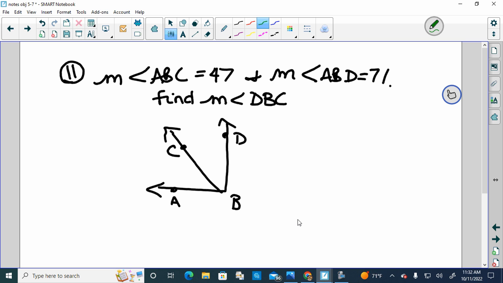And then just make sure you got the drawing: ABD's on the outside and then C on the inside. Okay, we good?